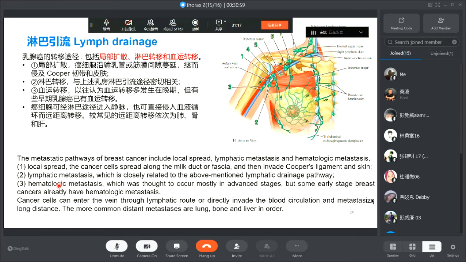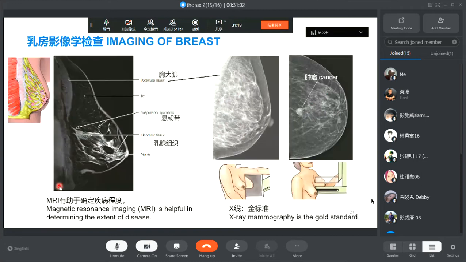Okay. And in the last class I also introduced the imaging of the breast. So you can regularly go to the hospital to check the imaging of the breast to avoid this disease, the breast cancer.